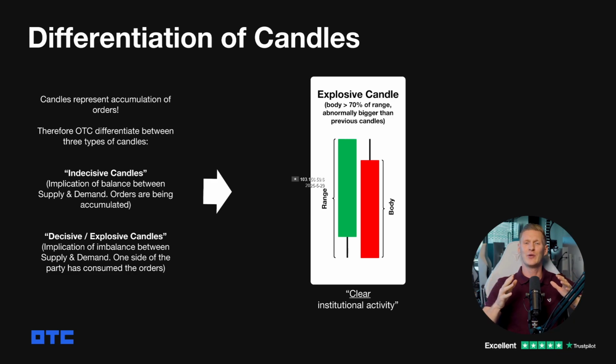Finally, explosive candles are an intensified form of decisive candles. The body covers more than 70% of the entire range, with minimal wicks. They tend to appear much larger than preceding candles. This kind of price action often signals a powerful imbalance in the market, usually driven by institutional orders, rapidly absorbing any opposing liquidity.